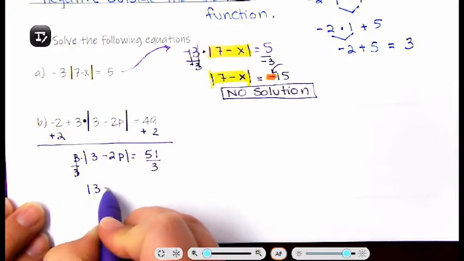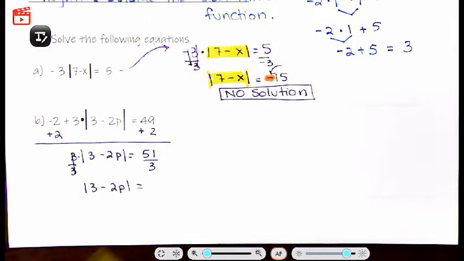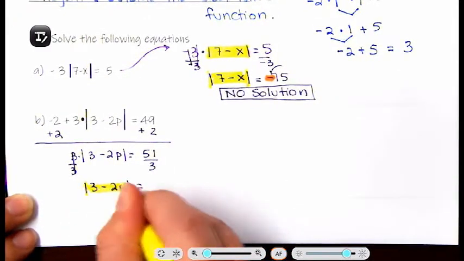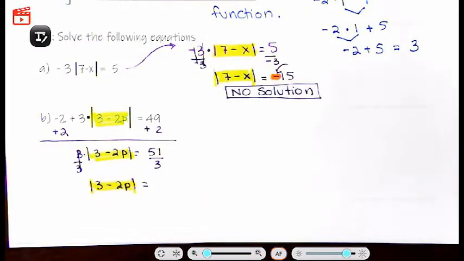And again, our goal is to get the absolute value by itself. 51 divided by 3, I'm going to use a calculator for this. And that gives me 17.